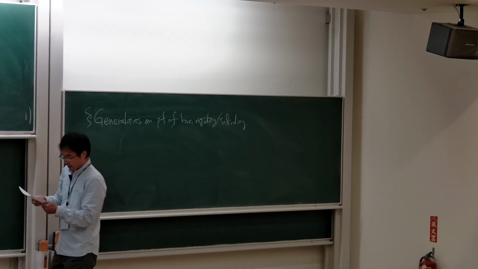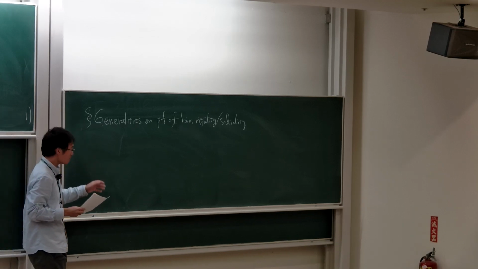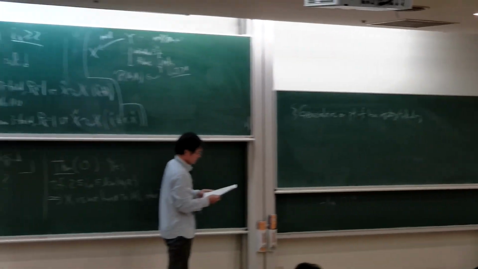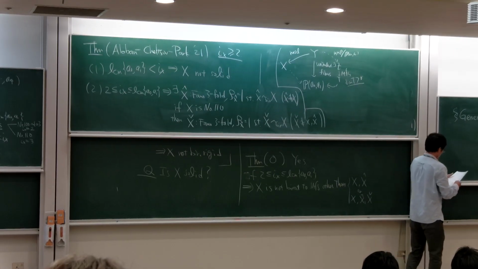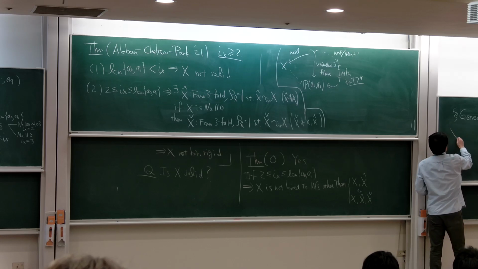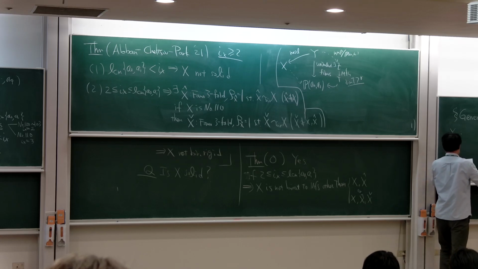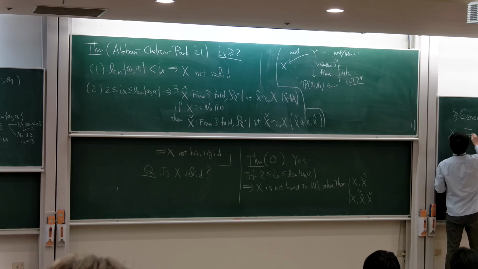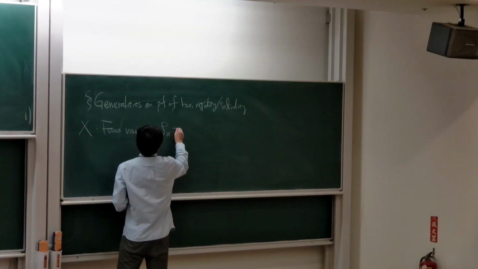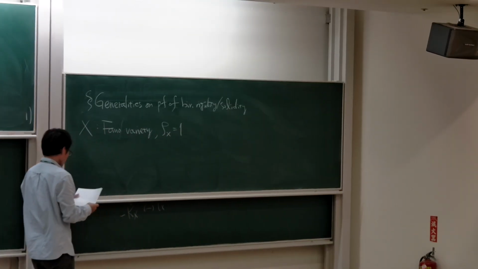I want to explain some generalities on the proof of birational rigidity or possibly solidity. In this section, I explain it in a general framework. Let X be a Fano variety with terminal and Q-factorial singularities with Picard rank 1.